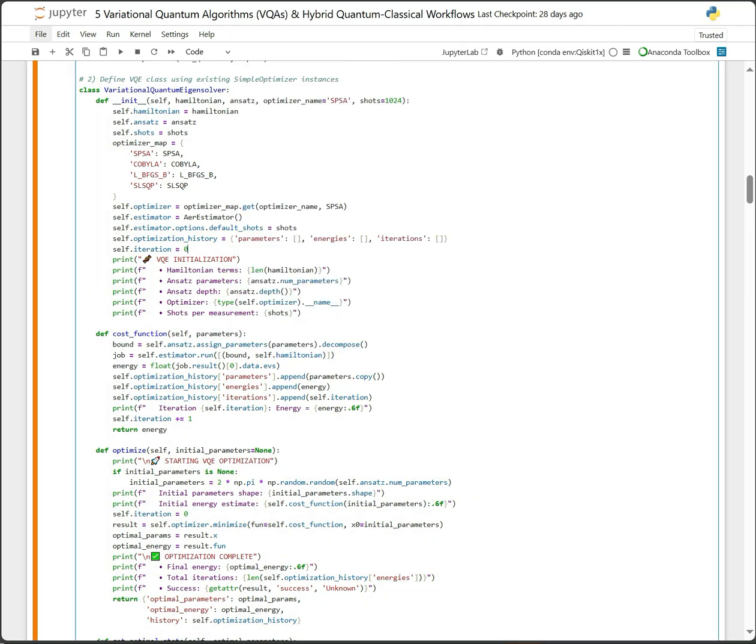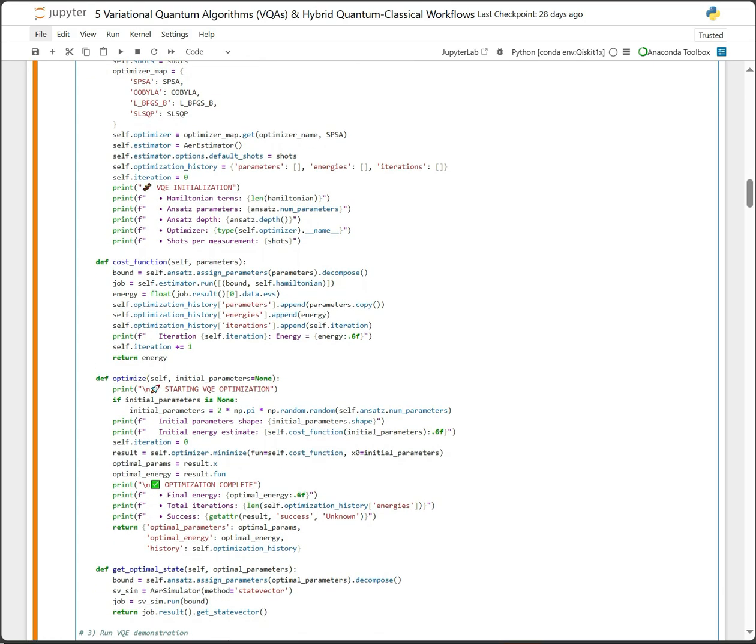And just, you can have your optimize method. The optimize method is going to initialize these parameters as None, and here you start the VQE optimization.